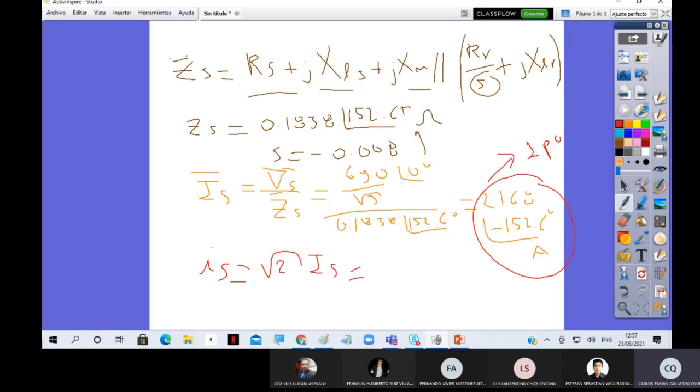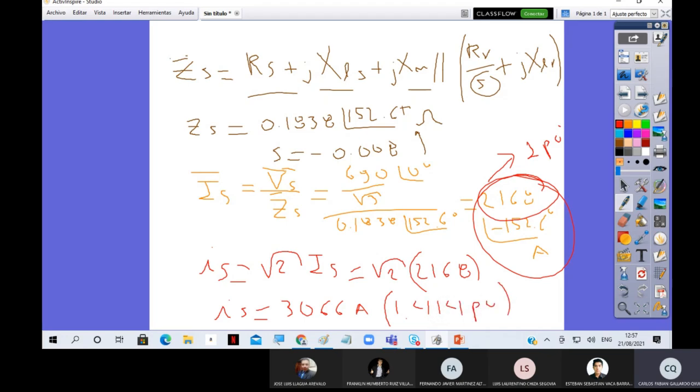So I have the square root of 2 times 2168 amps. Therefore, the peak value is 3066 amps. In per unit value, with this as the base, I have 1.414 per unit. So this is the peak value. This is my first question.